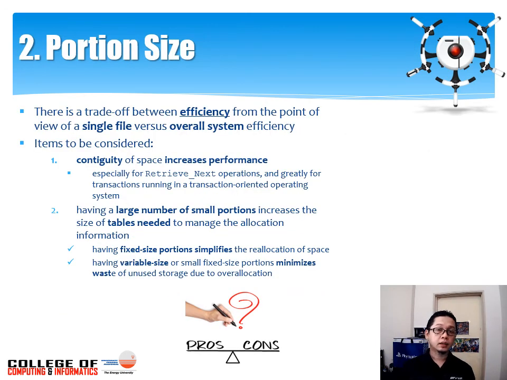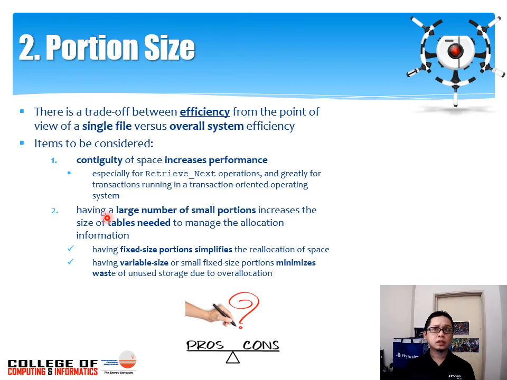The next consideration is the portion, or basically the block size, that can be used for files. So let's say for the first approach you want to use contiguity of space, meaning that you have 8 blocks of 2 megabytes each that can be used for a file in a continuous manner, or you want to have a large number of small portions, which increases the size of tables needed to reference this file later.